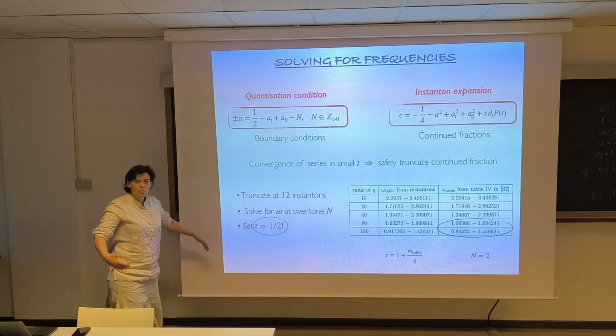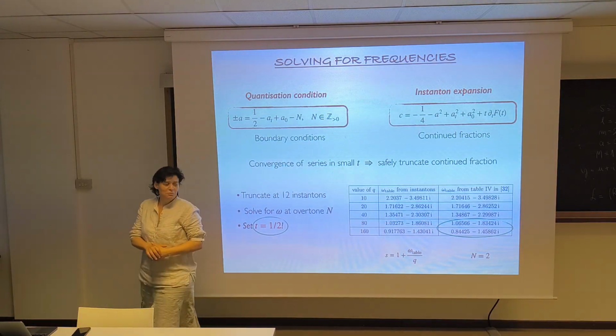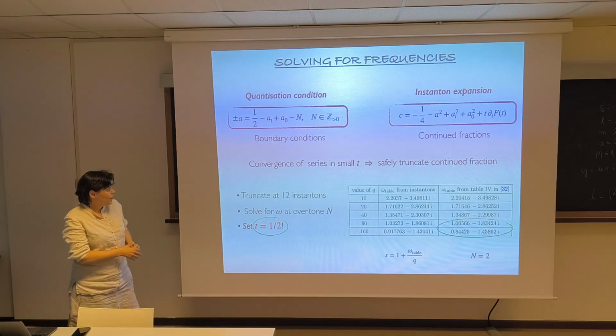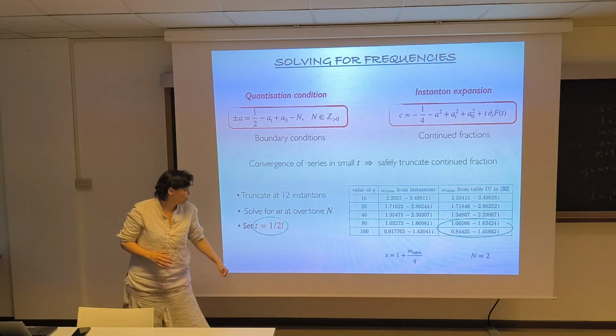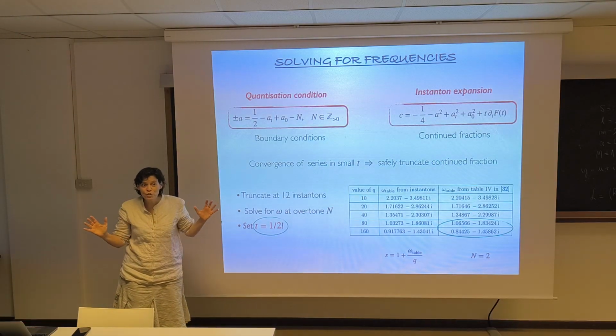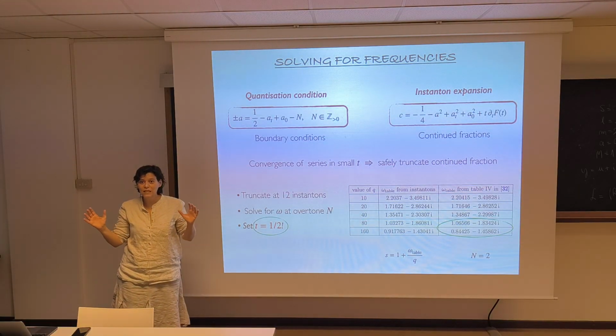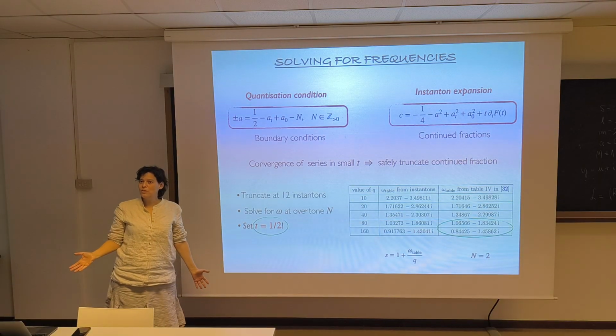And in principle, safely truncate the continued fractions. So what we did is, okay, let's do 12 instantons of my f of t, and solve for omega at an overtone n, in this case n equals 2. At the end, I have a convergent expression in t. Then let me set t equals a half and see how the results are.